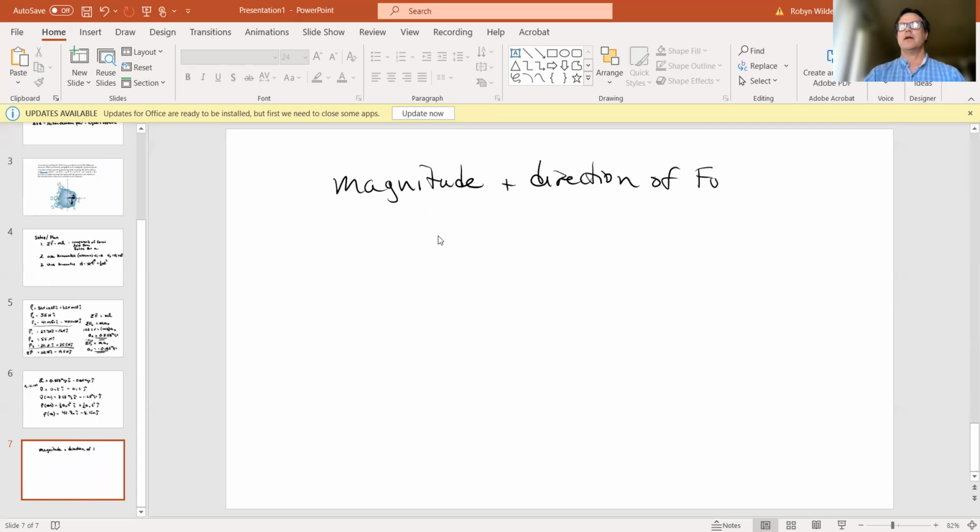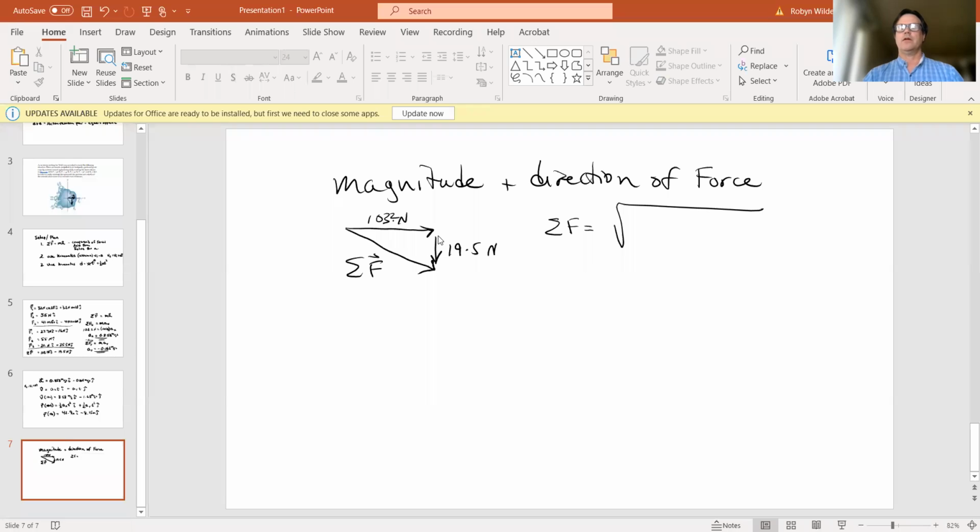But to get the magnitude and direction of the force, what I have of the net force is kind of going like this. We had a magnitude of 103.2 in the x direction, and then negative 19.5 going down in the y direction, in newtons. So if you use Pythagoras's theorem, the magnitude of that net force is the square root of 103.2 newtons squared plus 19.5 newtons squared.